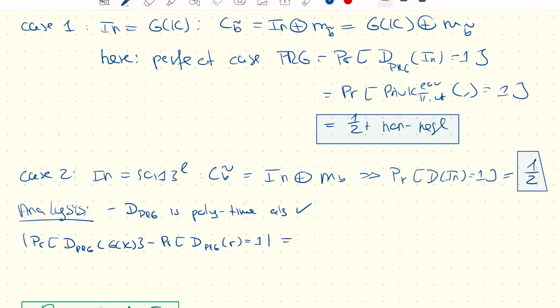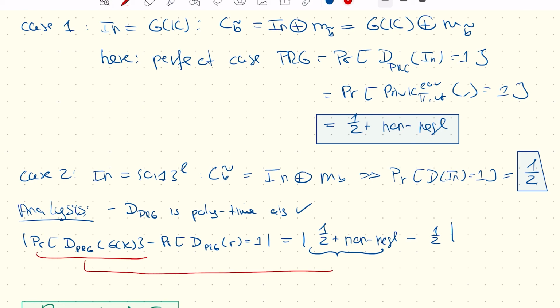And in the second case, where we're given a random string, it's exactly 1/2. And this means from the first case, we're getting 1/2 plus something non-negligible minus 1/2. Right, so this corresponds to this case here, and this corresponds exactly to this case here. And the 1/2s essentially cancel out, and we are left with something non-negligible, and this is then a contradiction to the security of the PRG.